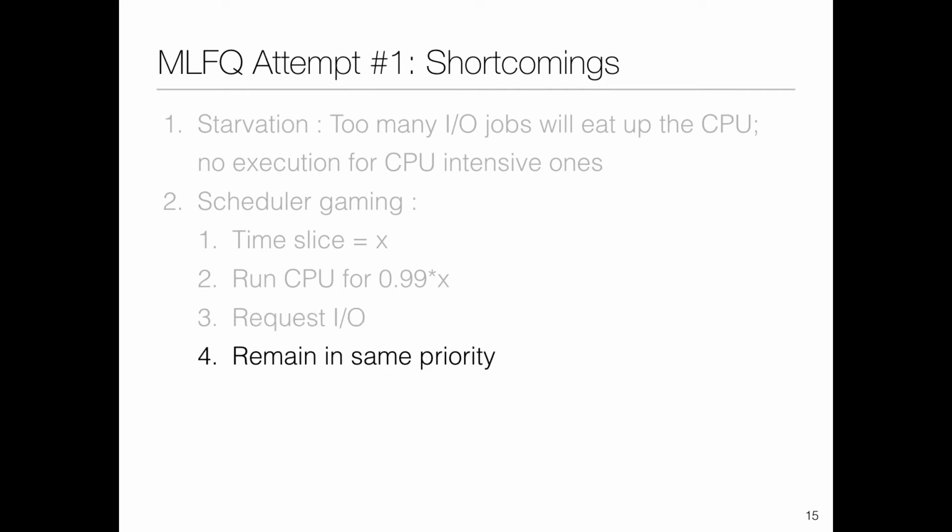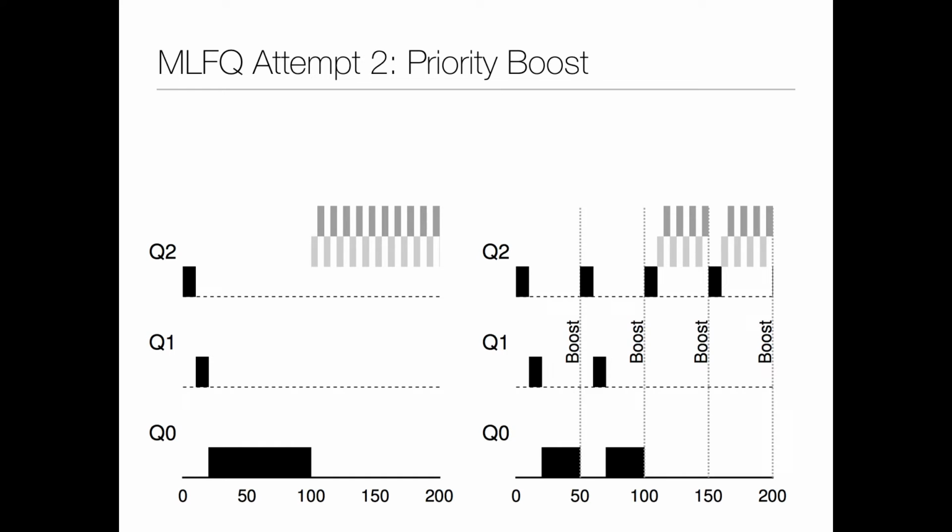Okay, so you are going to ask why does this not go down? I think what's happening is it's probably moving down the queue, but this is only showing the execution, so when the process is actually being executed on the CPU.